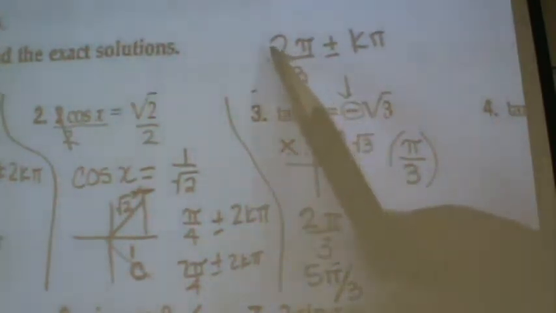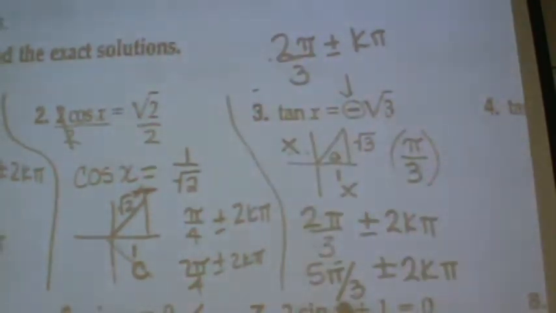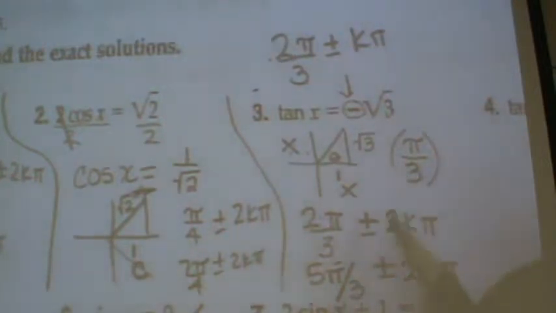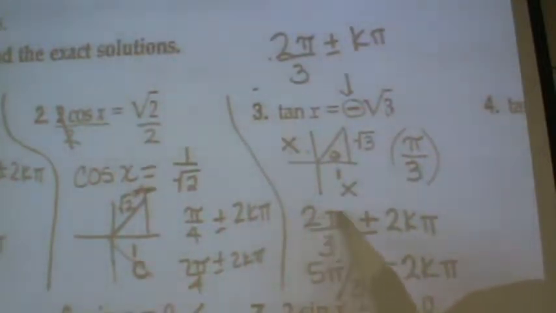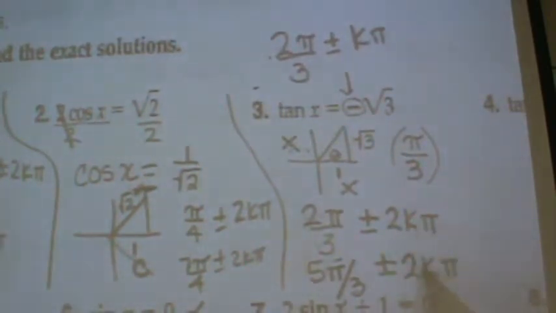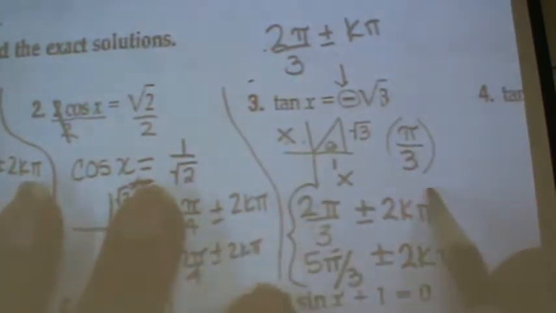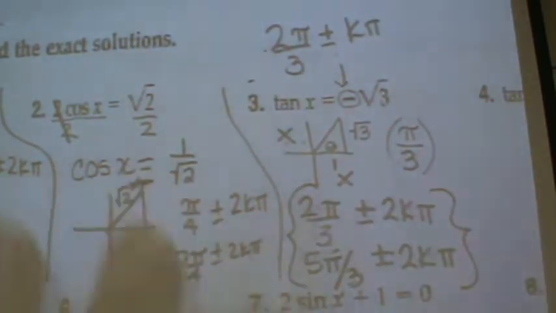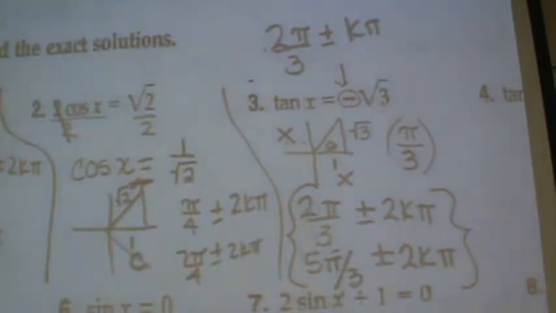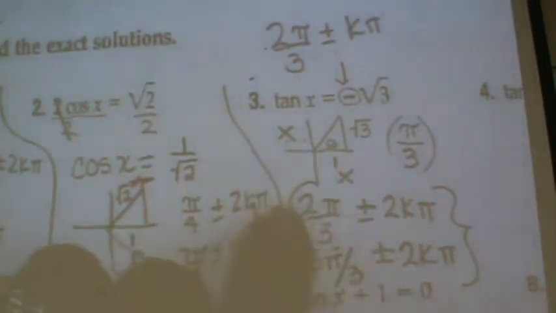Because if you add π to 2π over 3, you'll get 5π over 3. So you can shorten this answer to 2π over 3 plus or minus kπ. You could write it this way, doing them both, writing 2kπ, or just do one or the other. Whatever you prefer, I would take. Now, if they ask you to list all the answers from 0 to 2π, you have to write both of these answers.